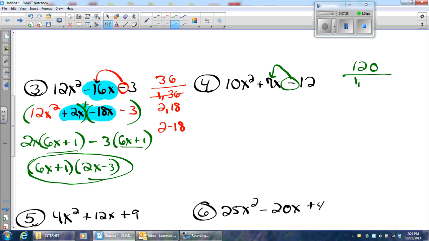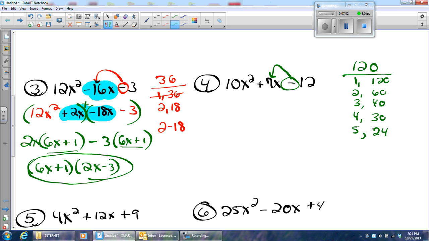Let's see, I'm going to have 1 and 120, 2 and 60, 3 and 40, 4 and 30, 5, and oh, I have a mental blank. 24, yeah. Just doesn't feel right.